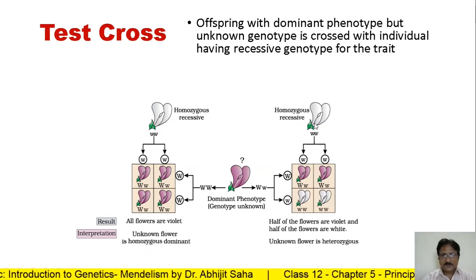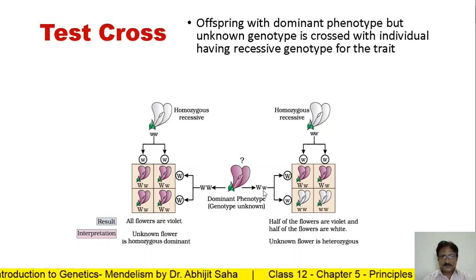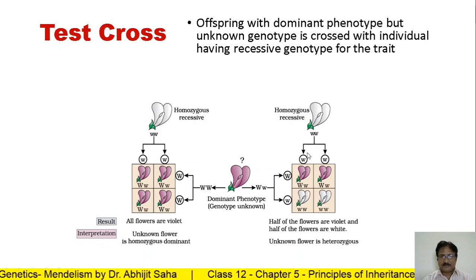This can be explained by this cross. Here you see, if this is heterozygous, capital W, small w, they segregate, capital W, small w, and cross with this white flower having small w. Now this is plotted in the checkerboard, and we can easily see that where there is one capital W, all of them will be violet flowers.